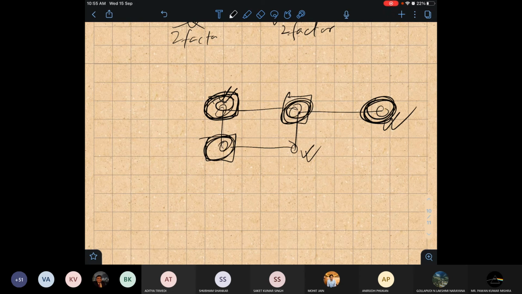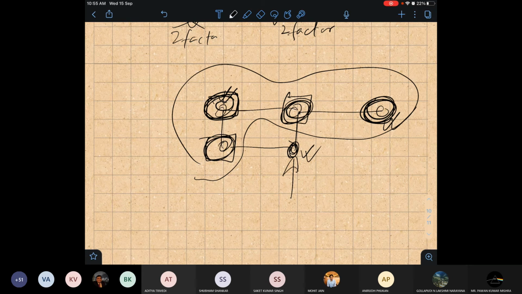If I then apply the reduction, after taking these four nodes, only one node is left. This is an independent set, no doubt, but what I'm saying is it will not ensure the factor.